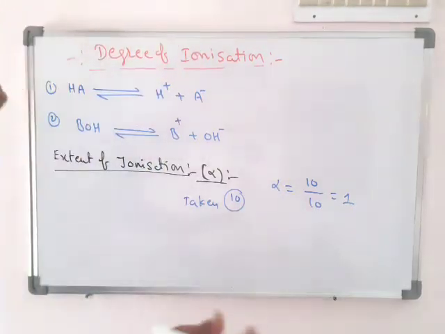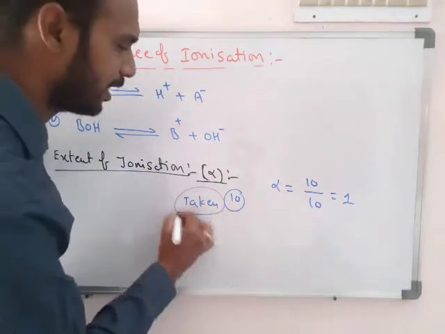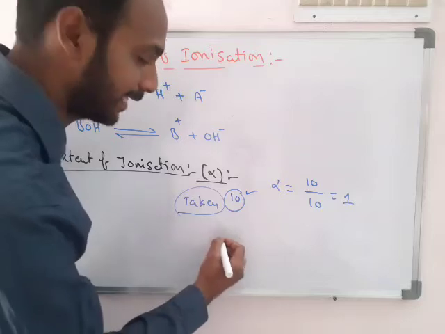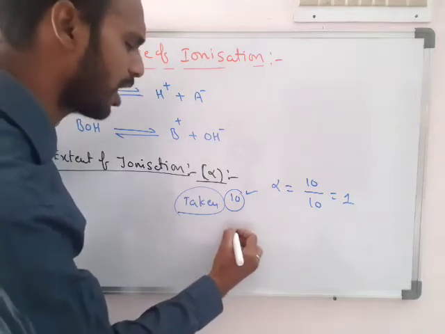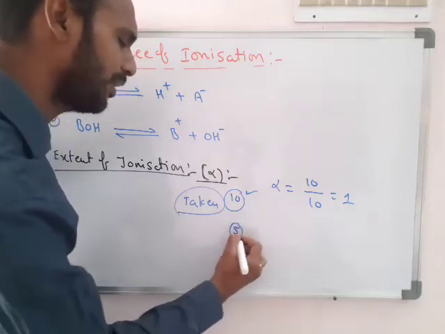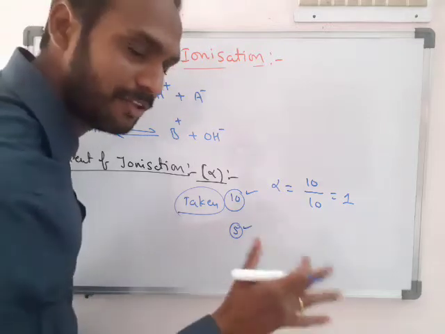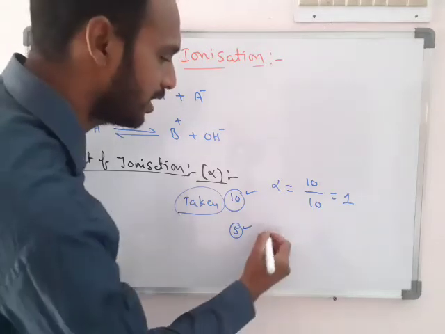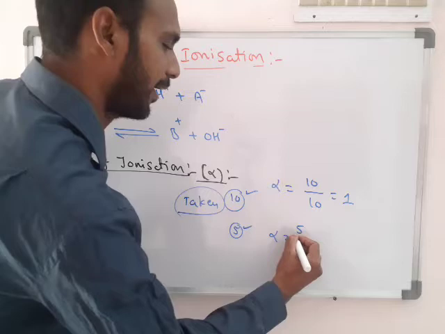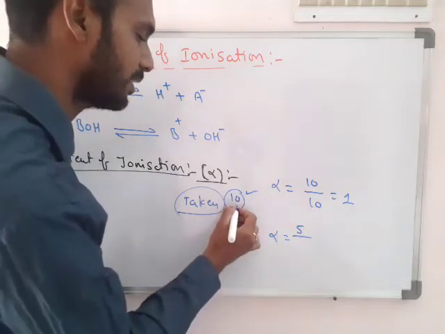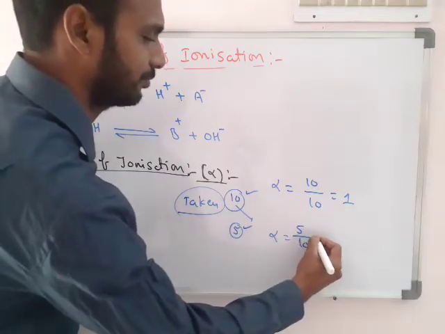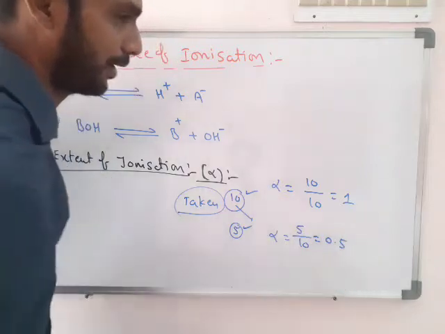For example, if the taken molecules are 10 and only 5 are ionized, the remaining 5 are unionized, then alpha is 5 dissociated divided by 10 taken, that is 0.5.